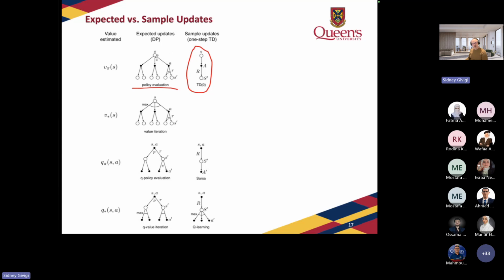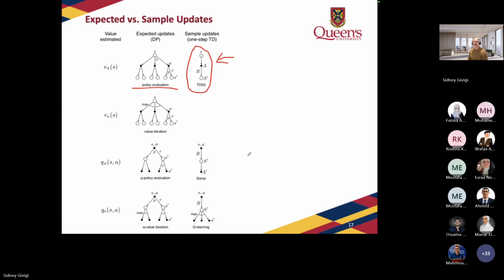By now, you should understand that these two things are different, and that if you don't know anything about these probabilities here, this sampling idea is way more efficient, okay? And we can do this in SARSA, in TD learning, in Q learning, and there are lots of different ways that we can do these updates.